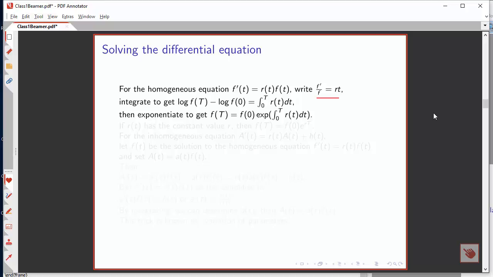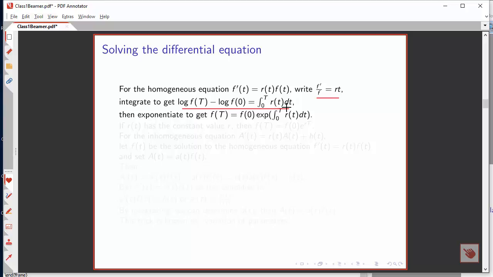Rewrite this as f prime over f equals r of t. You integrate both sides. The integral of f prime over f is the natural logarithm of f, and we get log f at time t minus log f at time 0 is equal to the integral of the right-hand side from 0 to t.